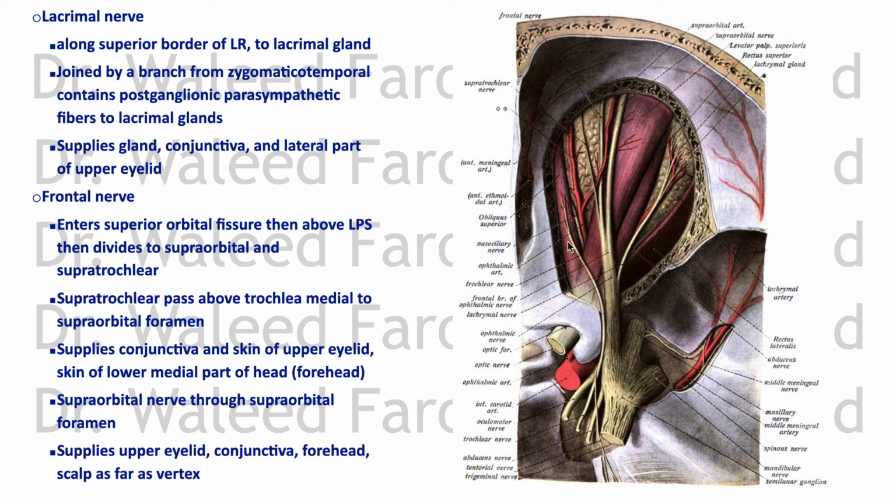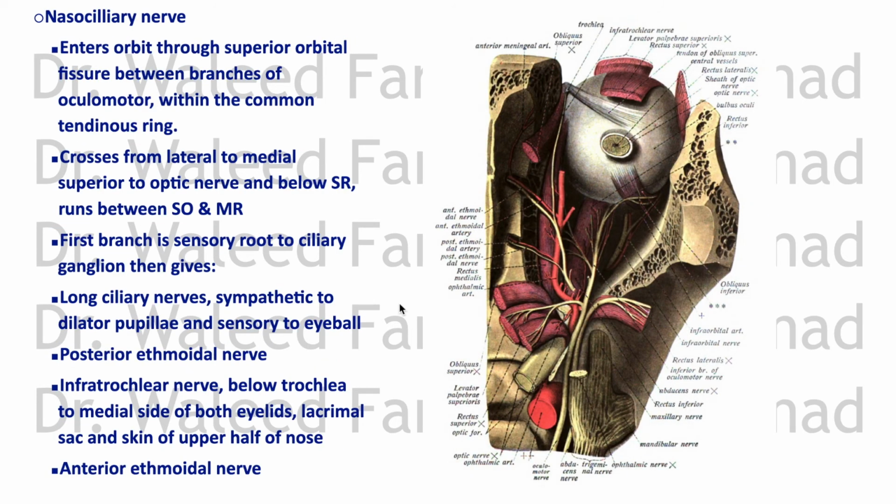This is the trochlear nerve, the fourth cranial nerve. The nasociliary nerve, well, I told you it gives posterior ethmoidal, anterior ethmoidal, and crosses from lateral to medial, superior to the optic nerve, okay, below the superior rectus, and it gives also the long ciliary nerves.